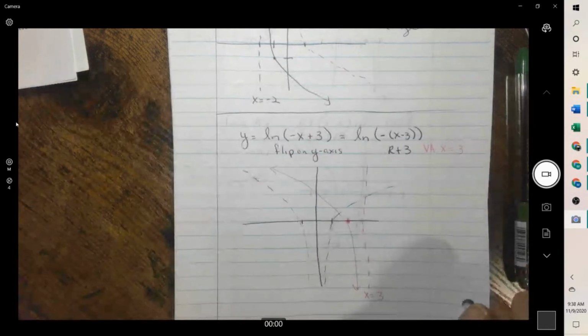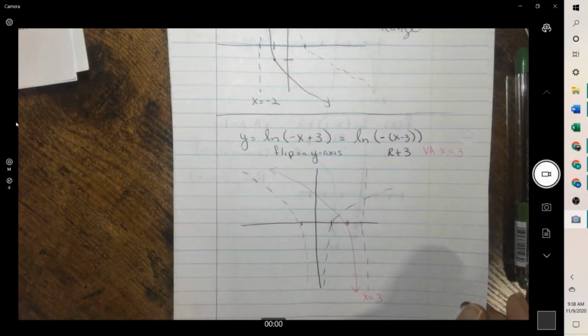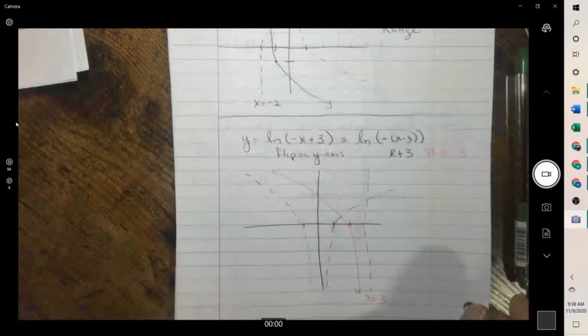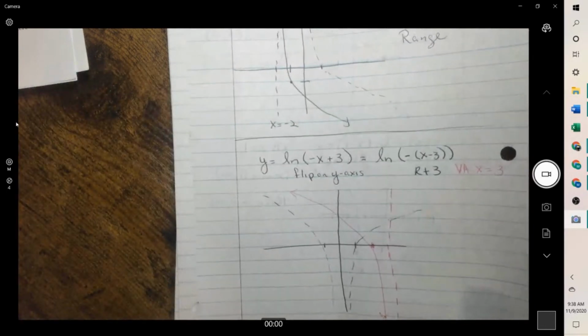Do you need to do another log? Yeah, sure. Why not? One more.